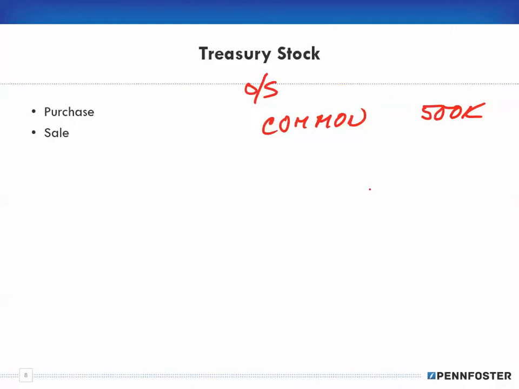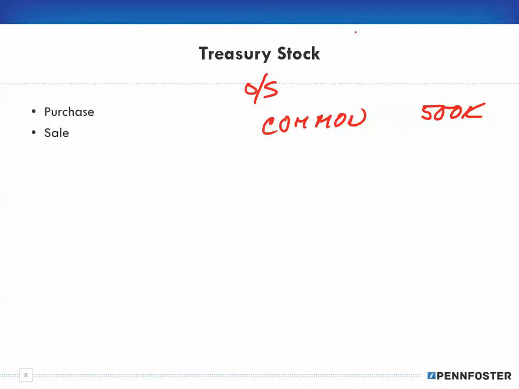Now, since they're out there, it doesn't mean that once they issue it, they float out there forever and ever. No, those shares of the stock have to come back to the company.